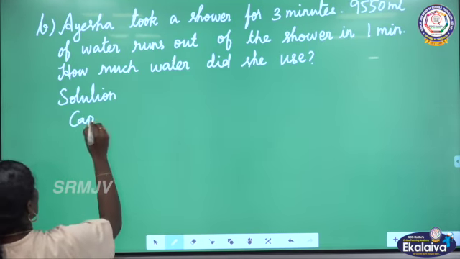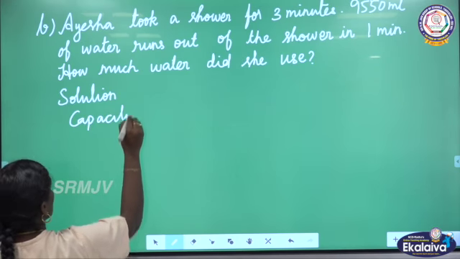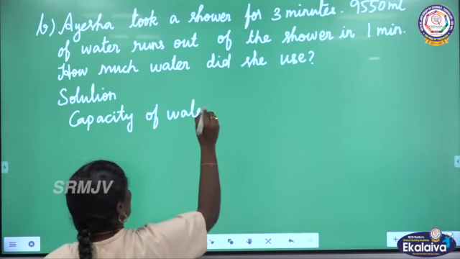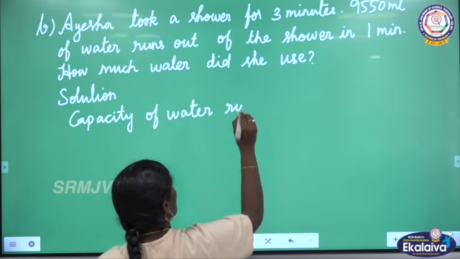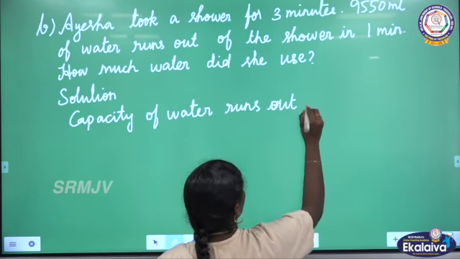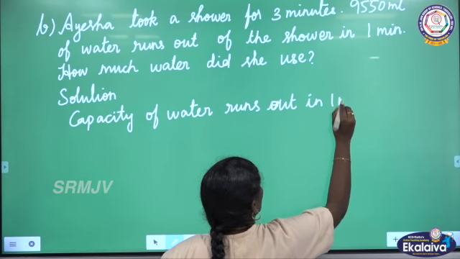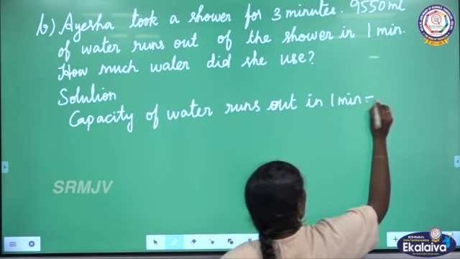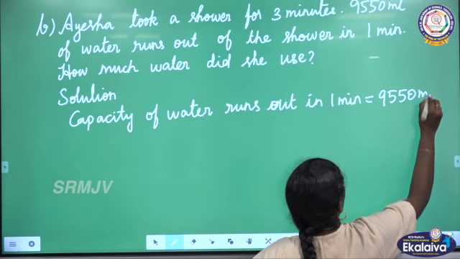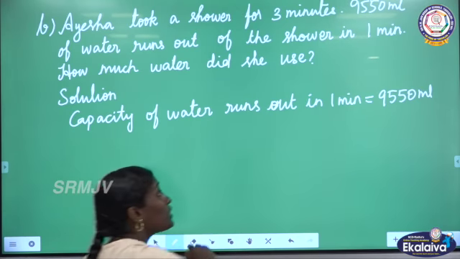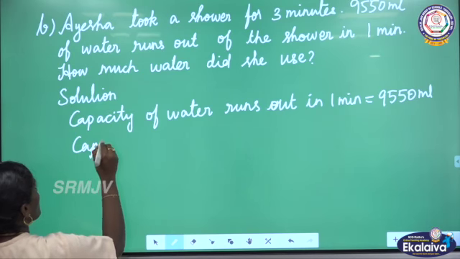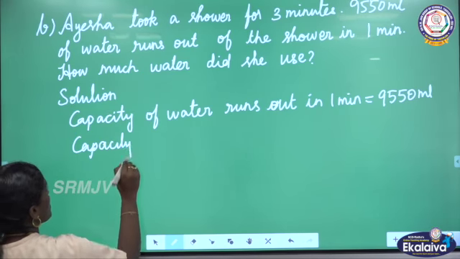Capacity of water runs out in 1 minute is equal to 9550 milliliter. She took 3 minutes bath. So we are going to find the capacity of water runs out in 3 minutes.